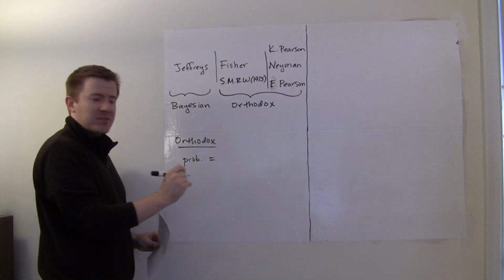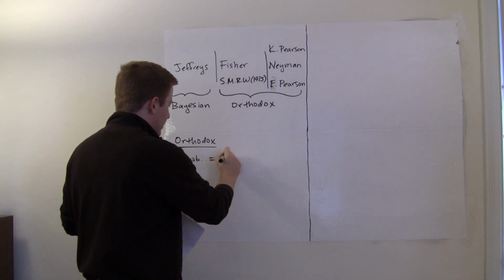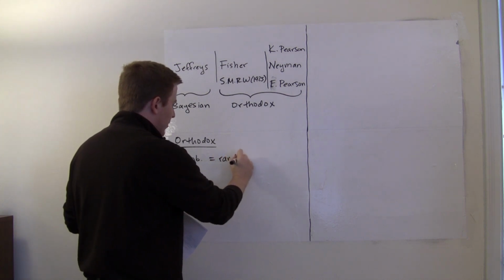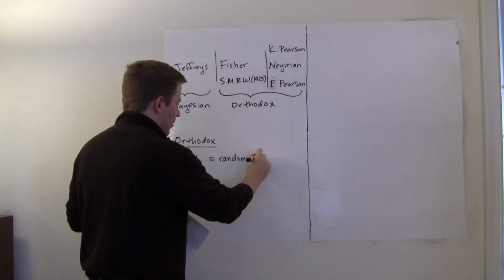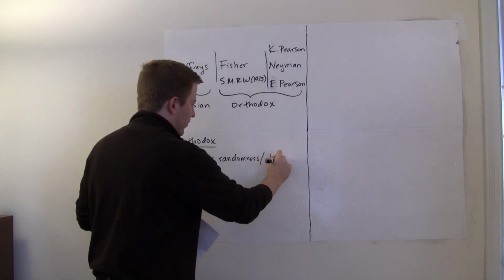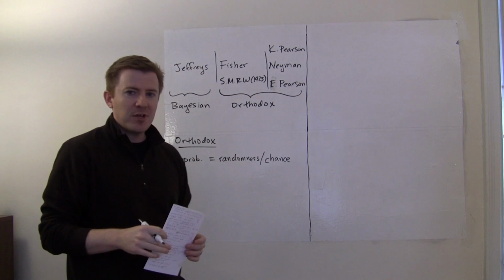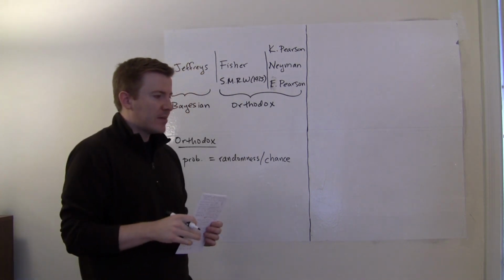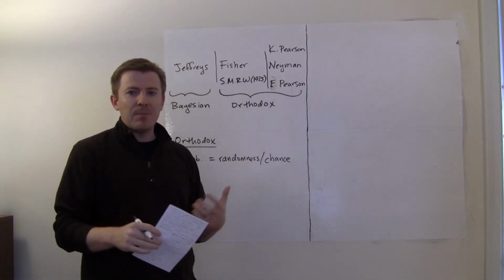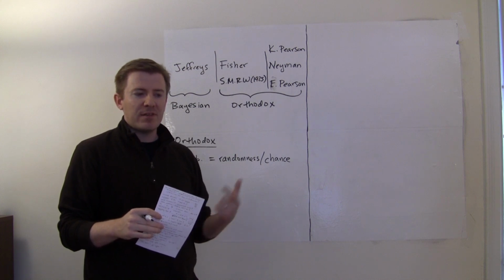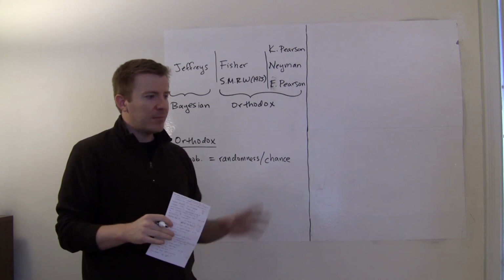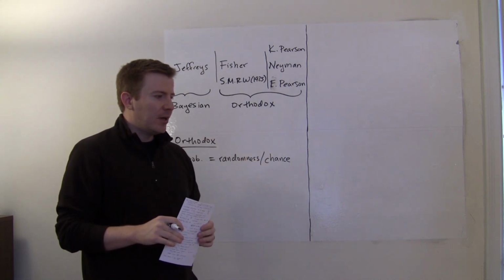comes about as a result of basically randomness or chance. This really traces back to the earliest gambling game applications of probability, the things we talked about much earlier.